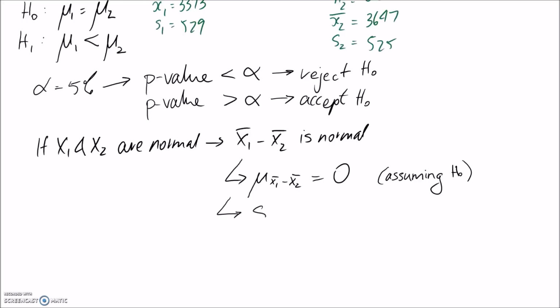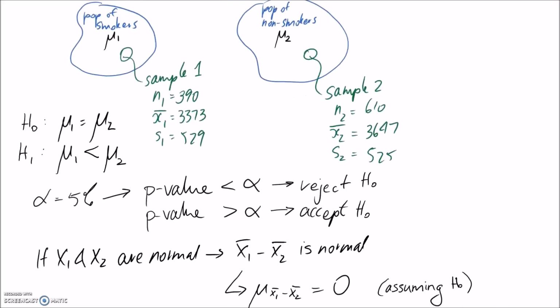The other one that we have is the standard deviation of this variable. Sorry, put in a minus. And this one depends on your variance assumption. So I talked about in the recap video how you needed to look at the variance of your two different samples.